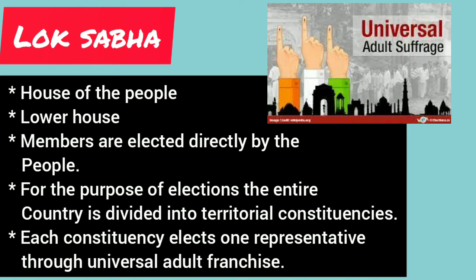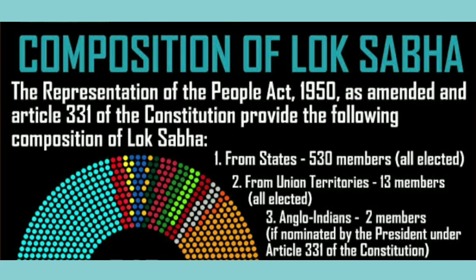The composition of Lok Sabha: Lok Sabha cannot have more than 552 members. Out of these, 530 members are elected from the states and 20 members are elected from the union territories. Seats are allotted to each state on the basis of its population.